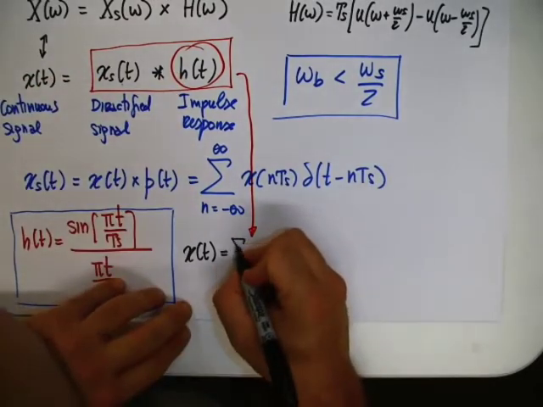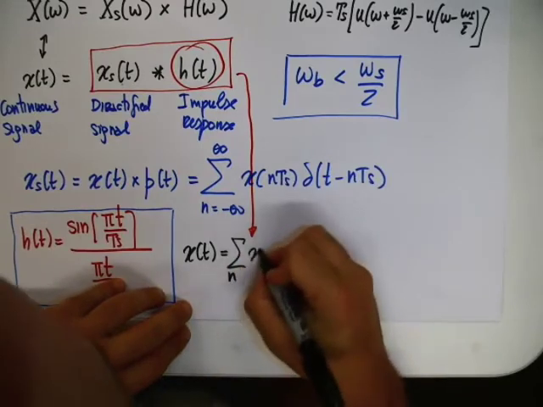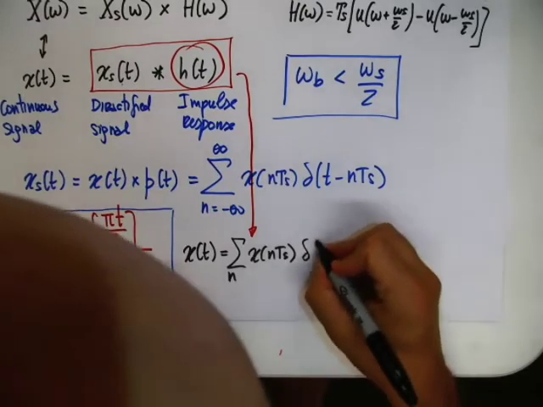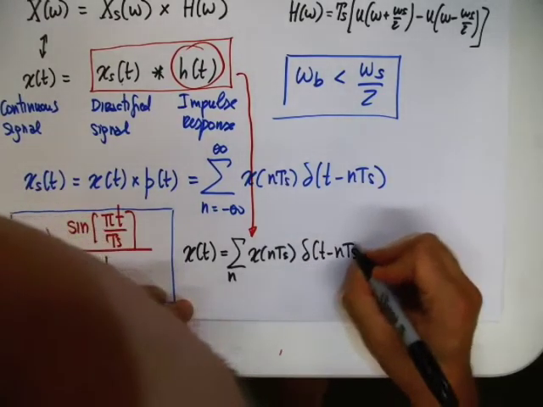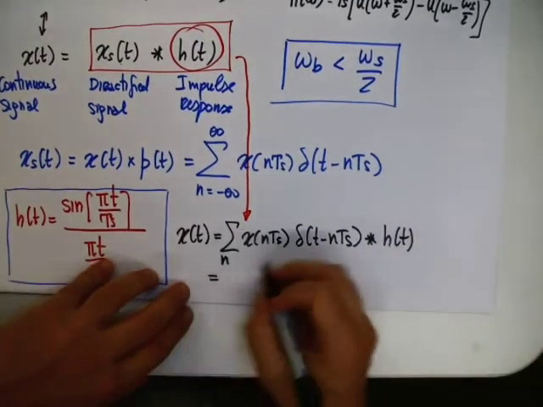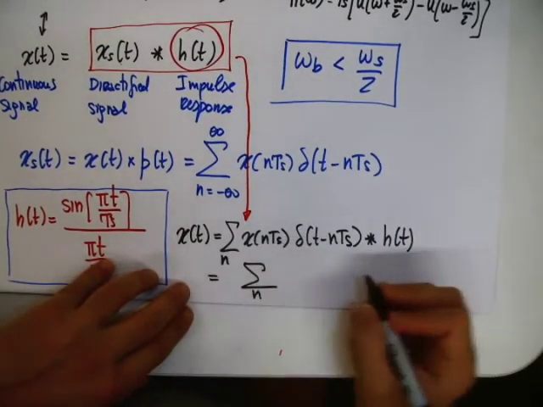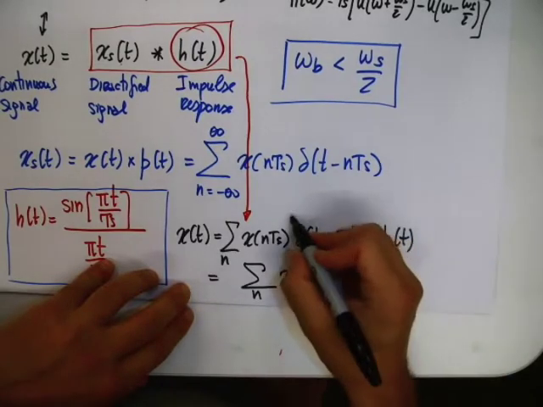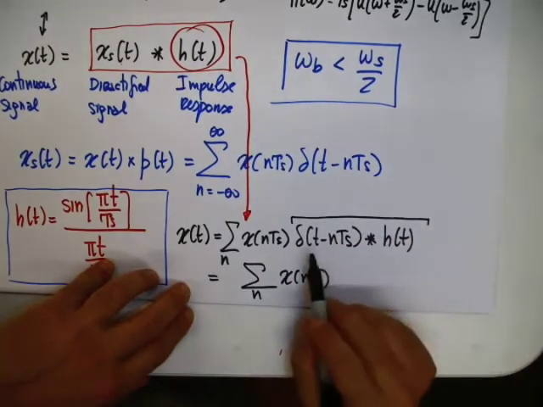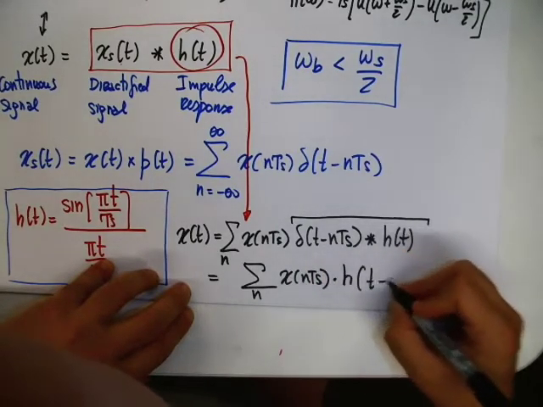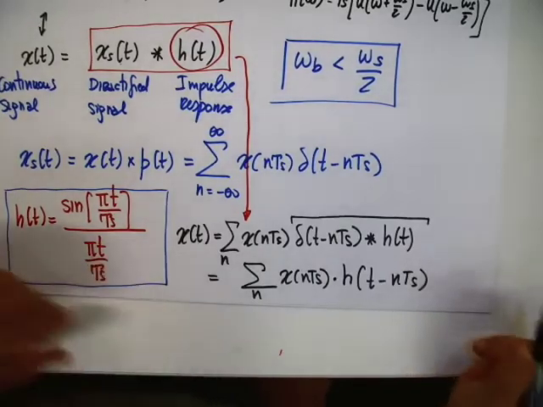So we have the sum over n of x of nts delta of t minus nts convolved with h of t. But this is going to be equal to the sum over n of x of nts. This convolution of a shifted delta with h is going to give me the h, but shifted by the same amount.